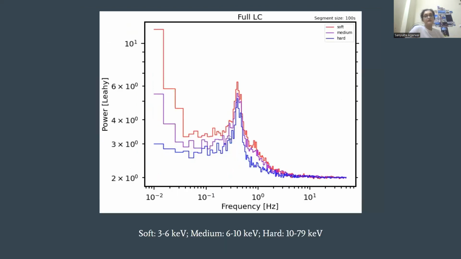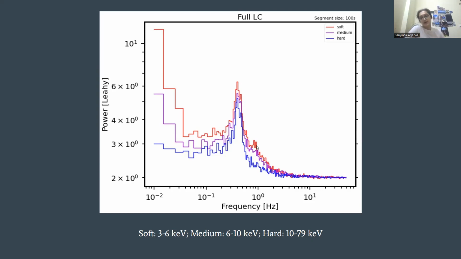Here I have taken the full light curve of our observation and divided it into 3 different energy bands, the soft, medium, and hard, corresponding to 3 to 6 keV, 6 to 10 keV, and 10 to 79 keV respectively. So we see the soft band having the highest power, followed by medium and hard, where hard is the lowest in power.